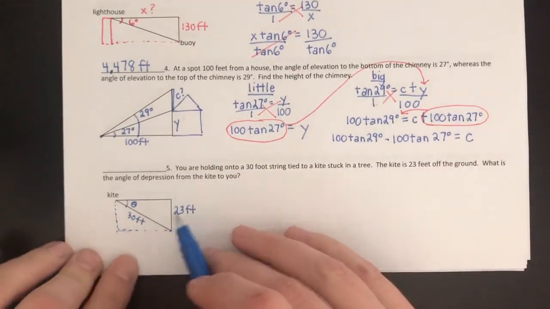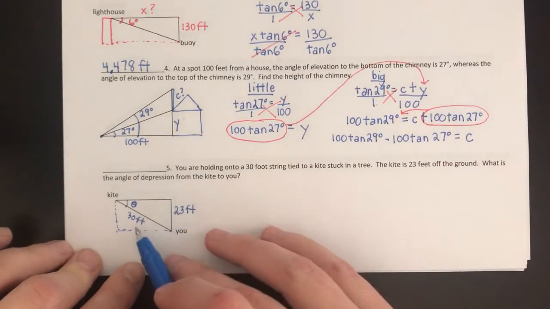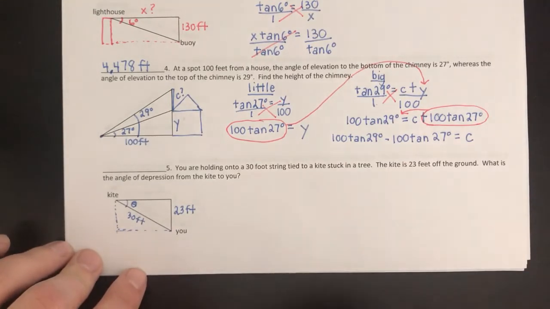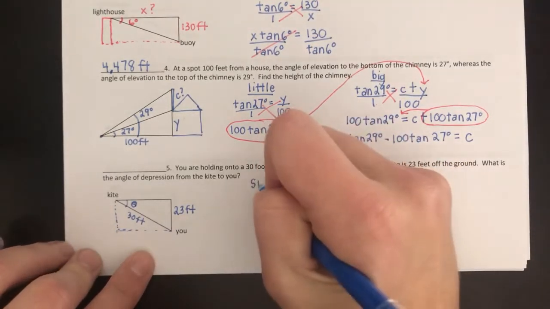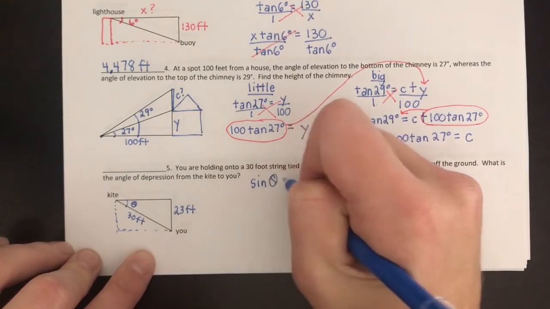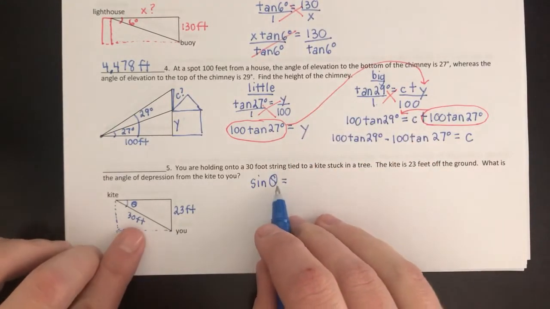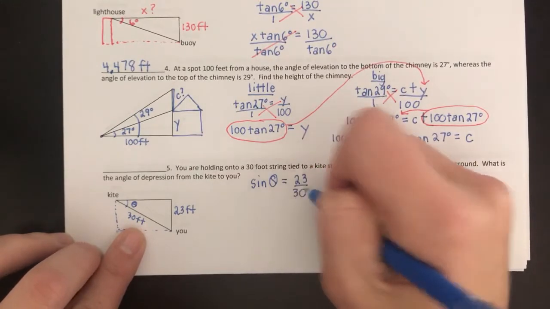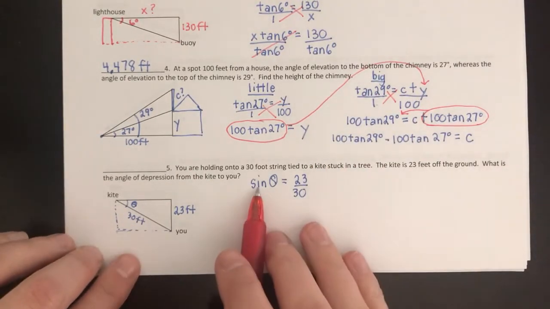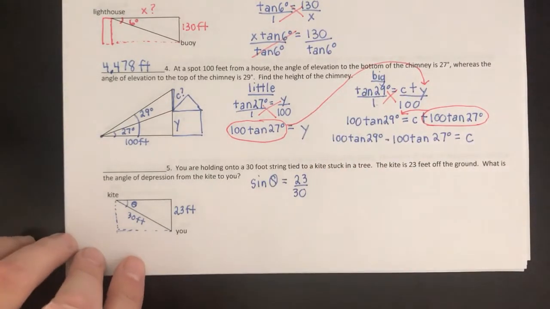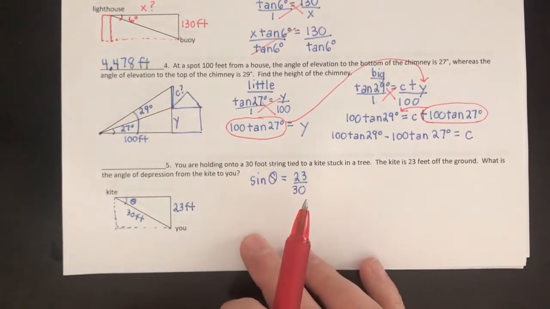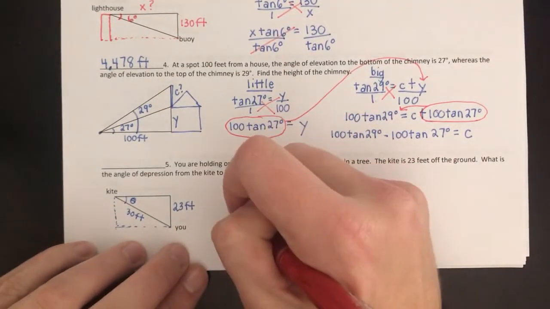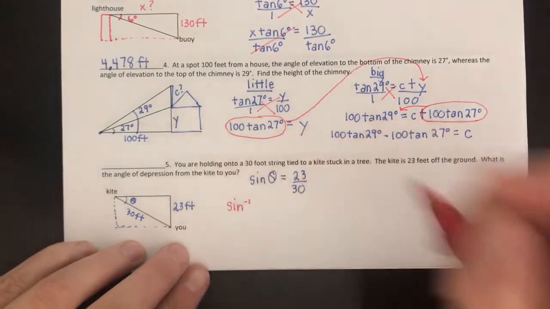But what we do know is we have the y and we have the r. What trig function uses y and r? That would be sine. So sine of theta, which is our unknown, equals y over r. How do you get rid of the sine to find the theta? You're going to use sine inverse.